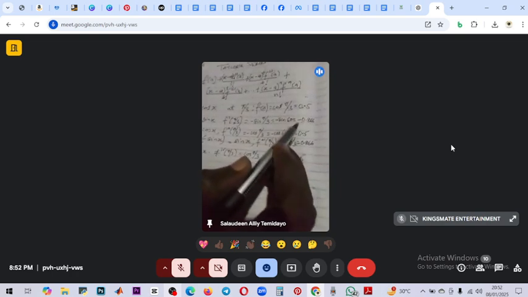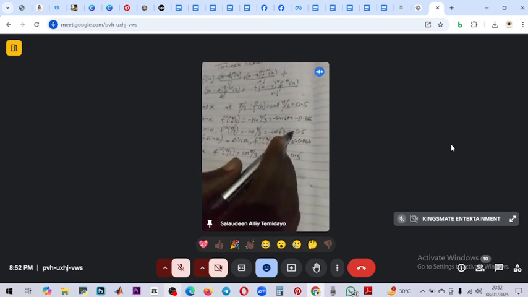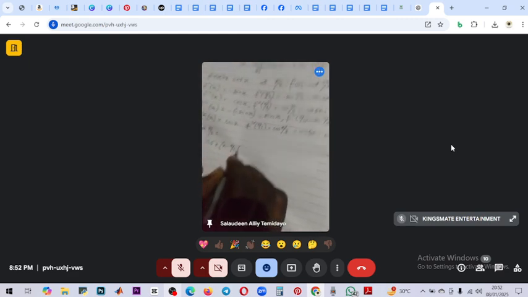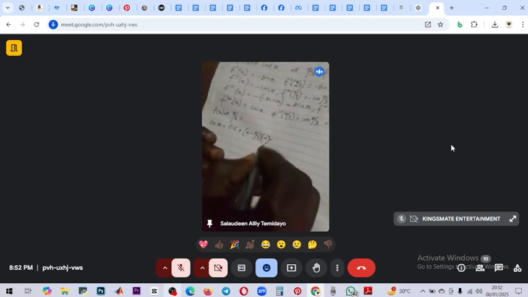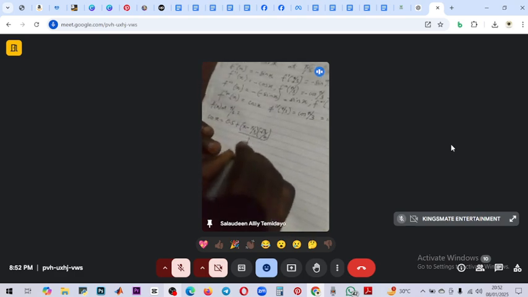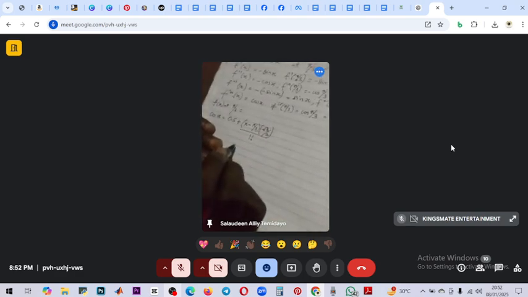So minus sine 60 is going to be minus root 3 over 2. I prefer to write it as that fraction: minus root 3 all over 2, divided by 1 factorial.